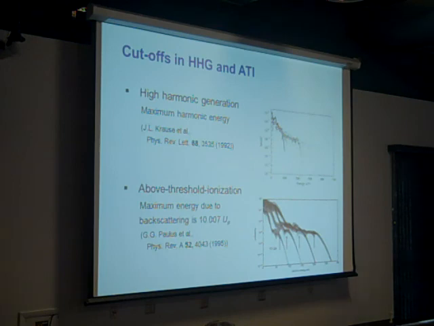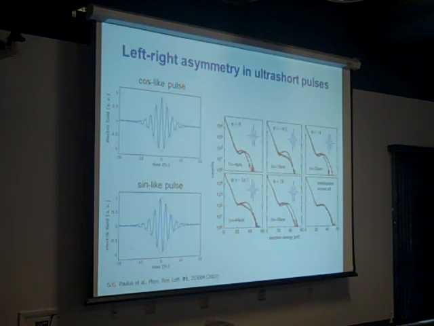So if I can use 2-3 more minutes, then I can maybe just wrap up here about harmonic generation and ATI. Now, if you go into very, very short pulses, just a few applications of this, then you have an electric field which has only a very few cycles.